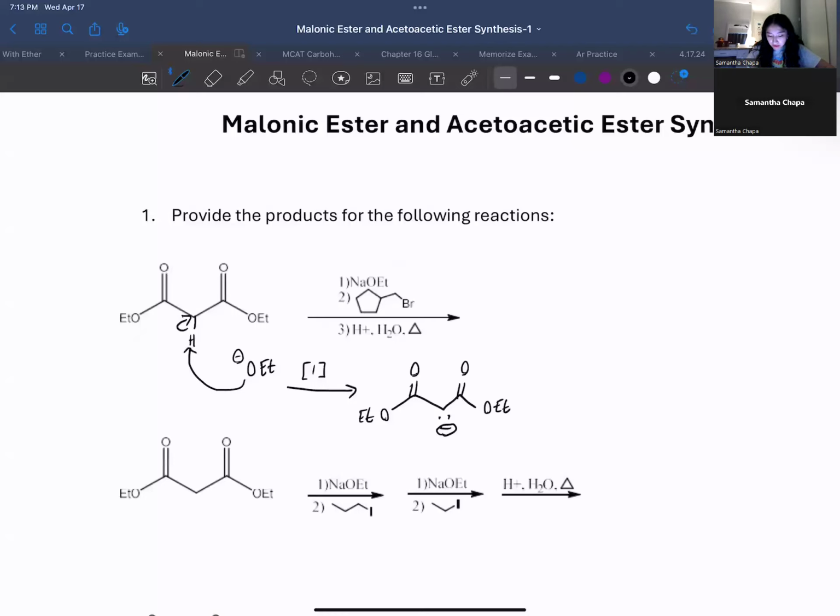So I have my nucleophile, and on step number 2, we're adding in our electrophile. So the nucleophile comes in and attacks the electrophile, and the leaving group leaves.